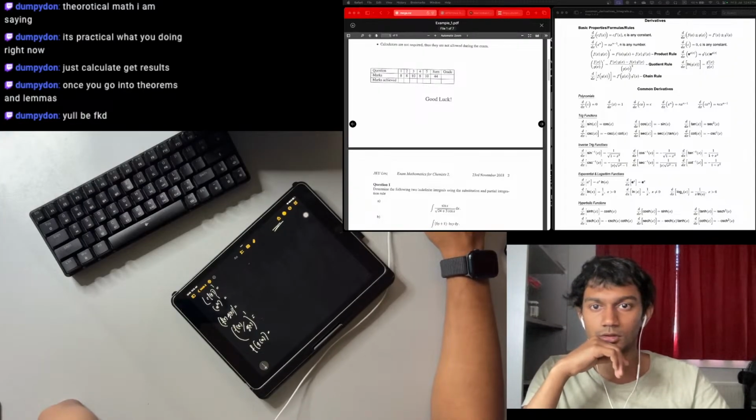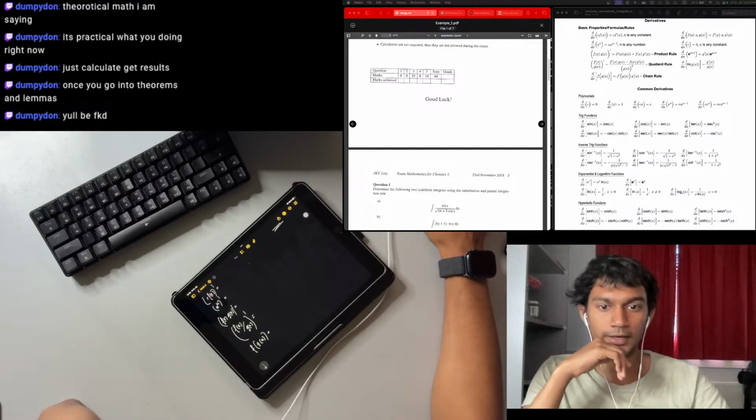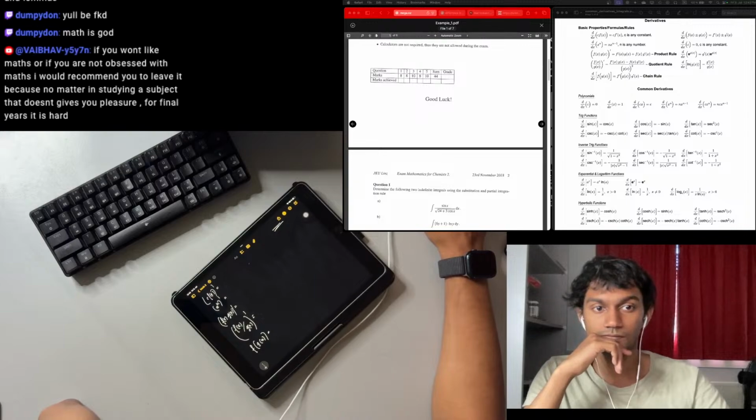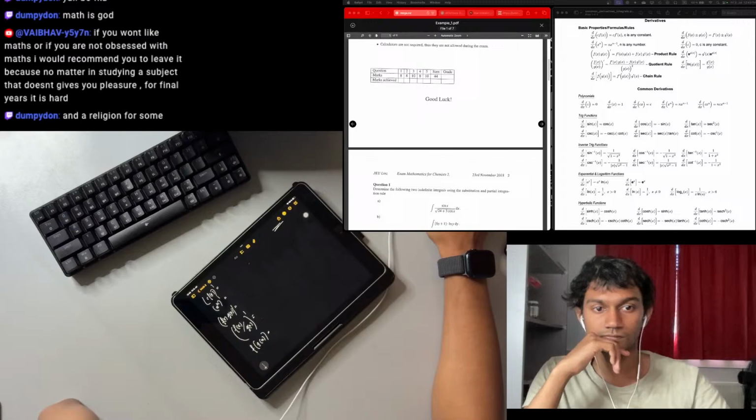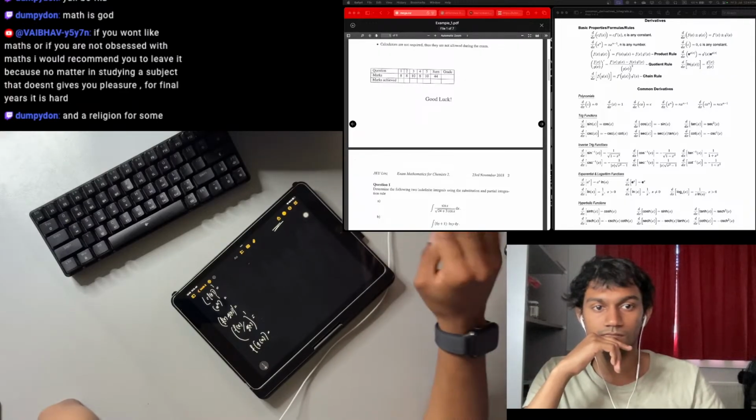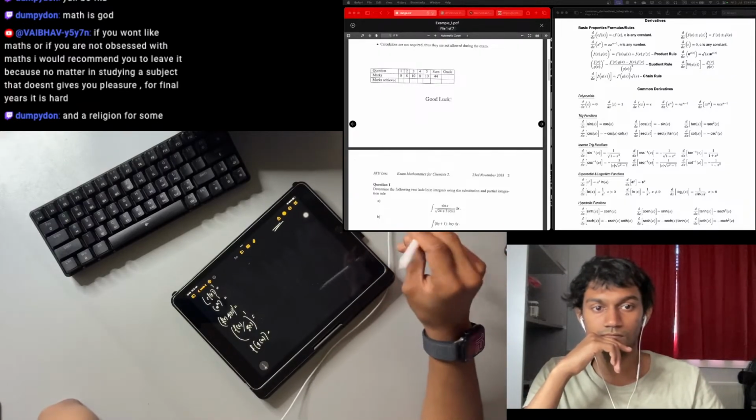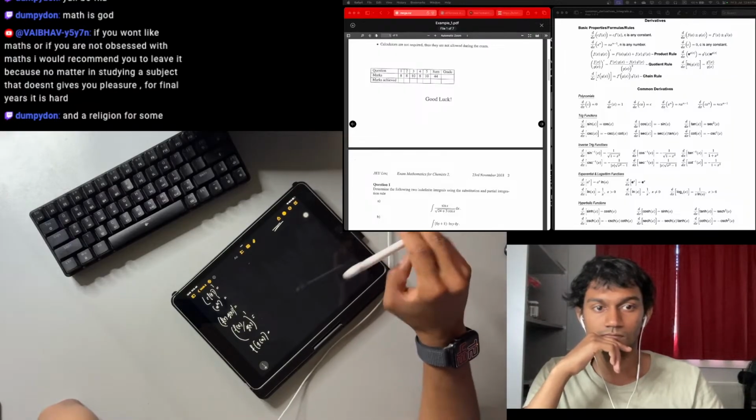Well, math is trying its best to figure out patterns between numbers, so I respect math. Without math, a lot of stuff would not be possible. Yeah.